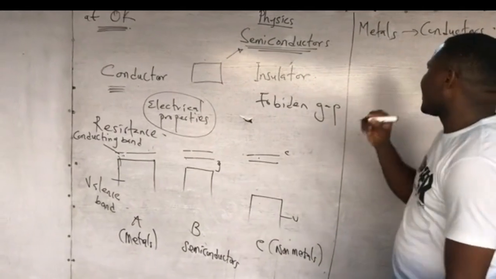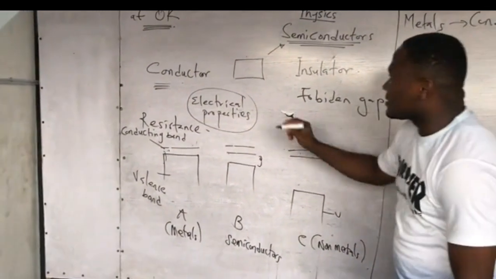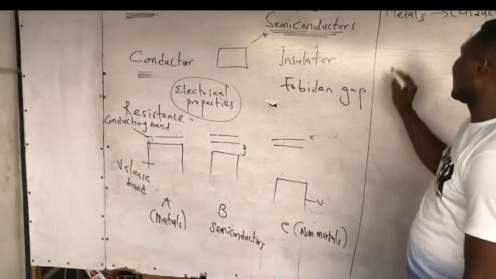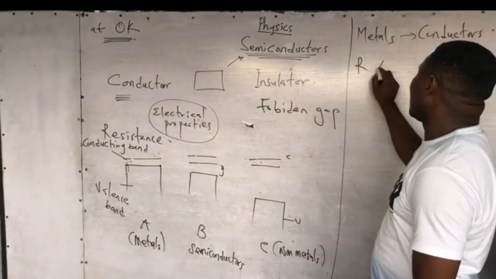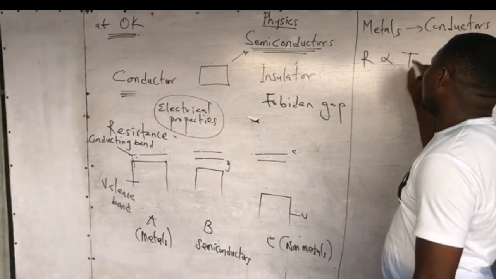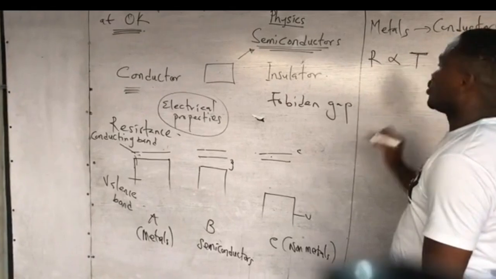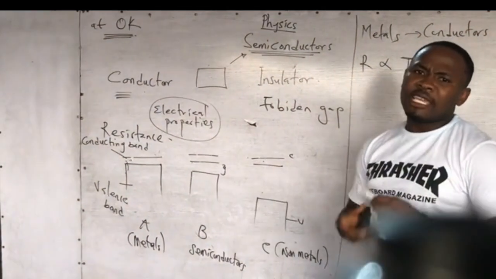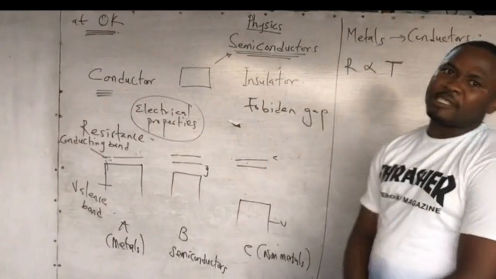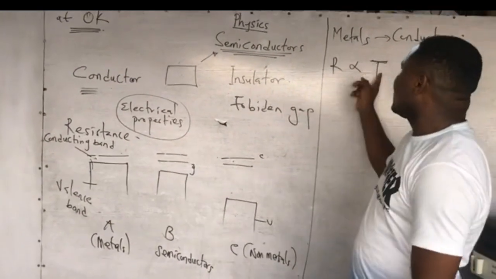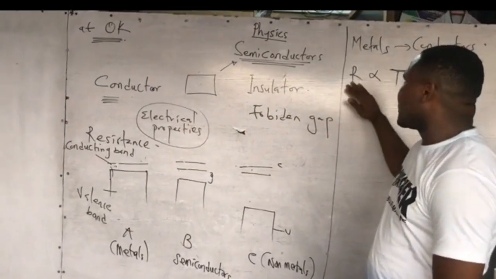you understand that the resistance of metals is directly proportional to temperature. What does that mean? It means that an increase in temperature increases resistance.